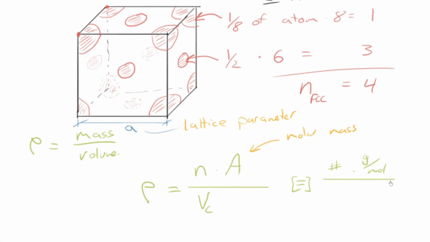And then in the denominator we have the volume of the unit cell, which will have length units cubed. So we look at this and we say, well, this is irritating. We're trying to get units for density of mass per volume, but we're not getting there. So what are we missing? Well, what has units of number per mole? Well, of course, Avogadro's number. So if we add Avogadro's number into the denominator, and then we get number per mole, the units work out.